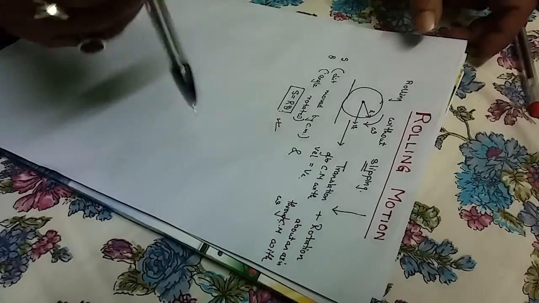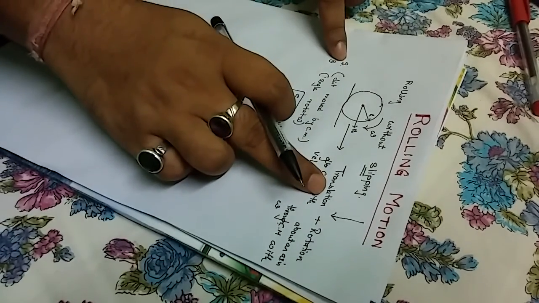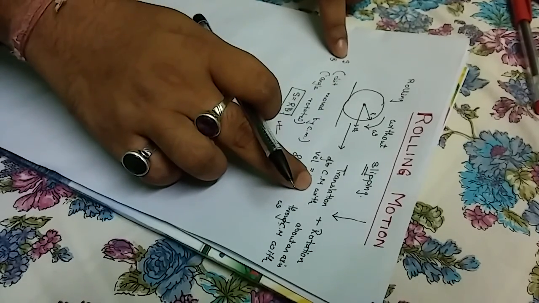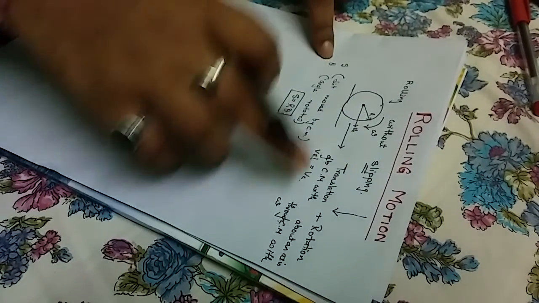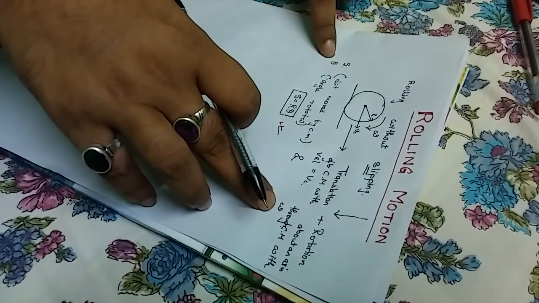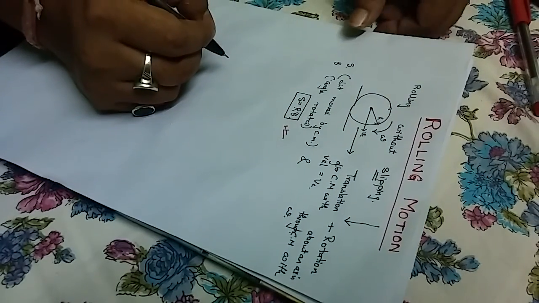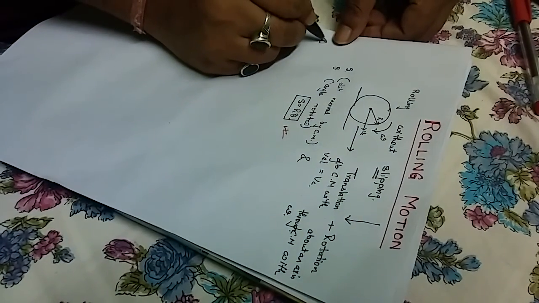So let's repeat it once more: s denotes translation, the distance moved by the center of mass, and theta is the angle rotated about the center of mass with angular velocity omega. So they are related by s equal to r theta.